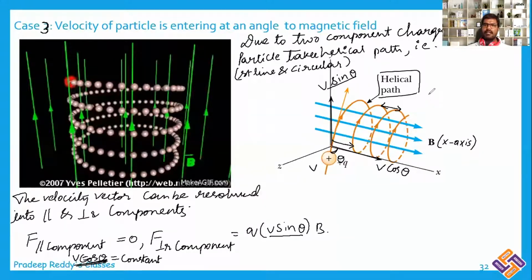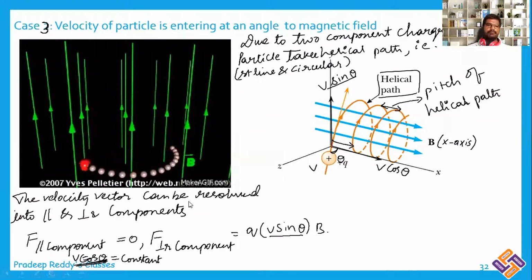This length is called the pitch of the helical path. So when it enters the magnetic field at any angle other than 0 and 90, it will take a helical path, which you can see clearly in the animation.